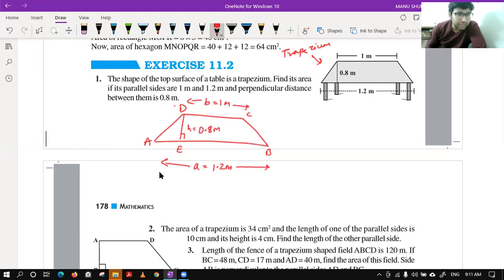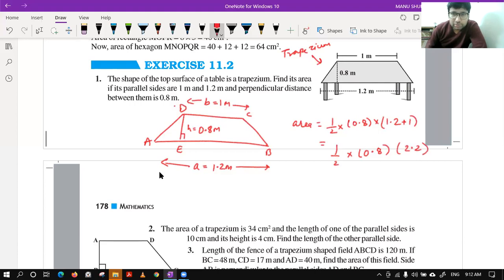Now you can easily find the area with the formula. Area is equal to half into height, that is 0.8, into the sum of parallel sides, that is 1.2 plus 1. Just by solving this, you will get the answer. 1.2 plus 1 is 2.2.